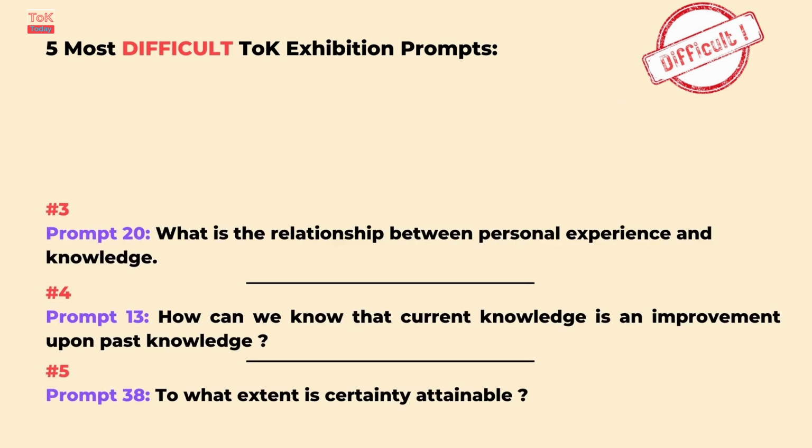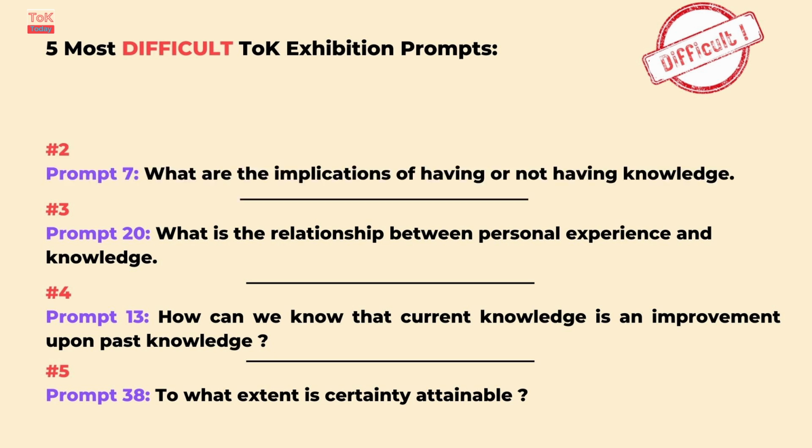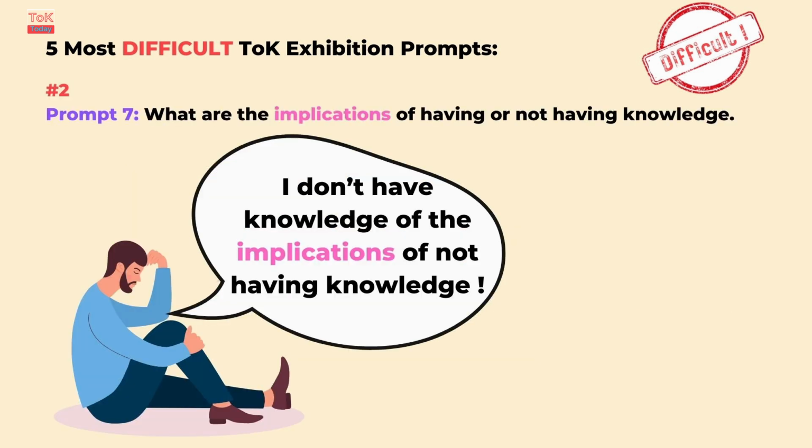The 2nd most difficult TOK exhibition prompt is prompt 7. What are the implications of having or not having knowledge? Now, this prompt just makes my brain jump in complicated gymnastic twists. The prompt requires you to think about what it means to have knowledge or not to have knowledge, and then it requires you to consider the implications of one of those states.